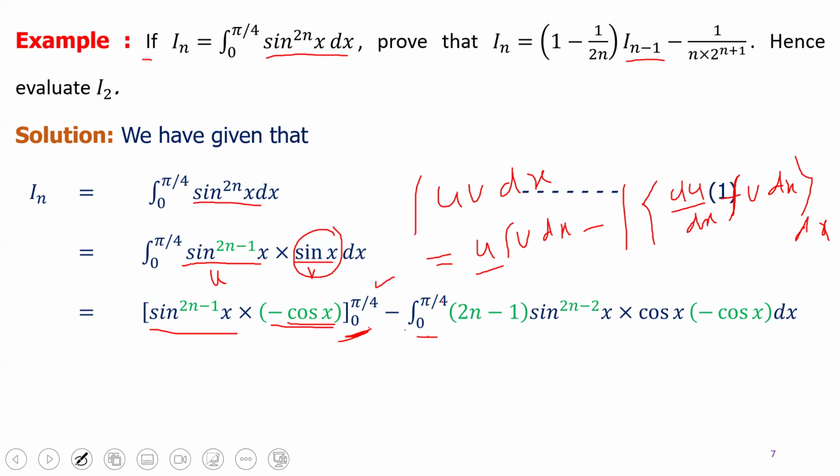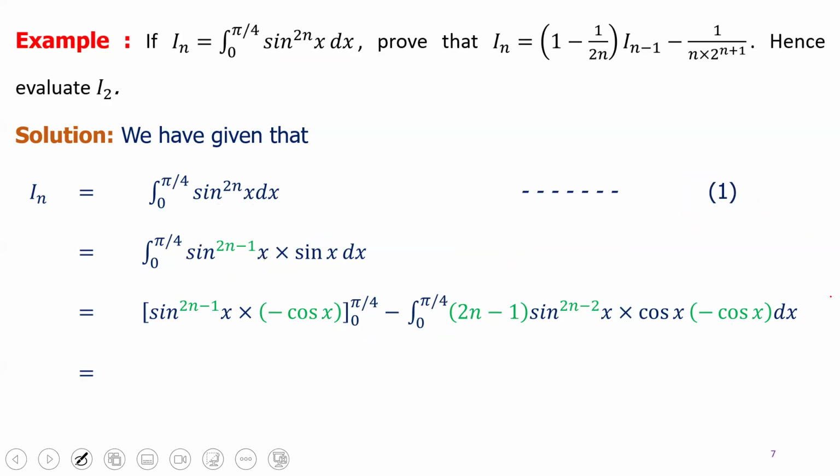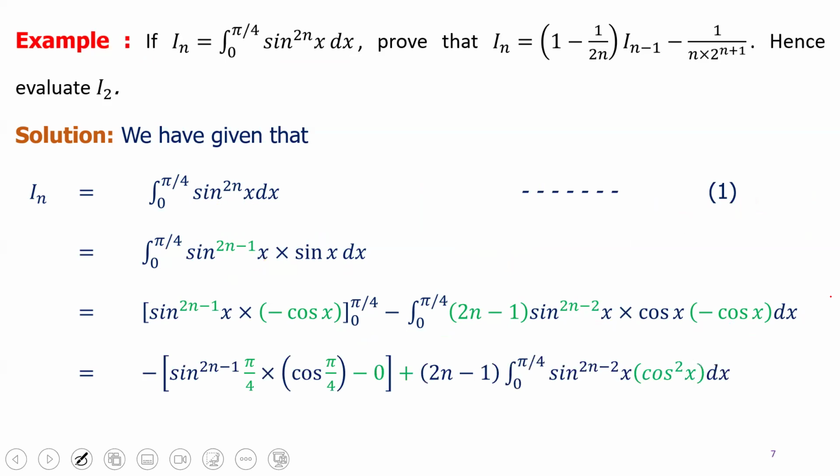If we substitute the limit 0 to pi by 4, minus the integration under the limit 0 to pi by 4, we have to find the derivative of u. So u is equal to sin^(2n-1)x. Derivative of x^n is n x^(n-1). Again, derivative of sin x is cos x, and integration of sin x is minus cos x dx. If we simplify it and put the upper limit, x is replaced by pi by 4 in sin^(2n-1)x, and there is a minus sign we have taken outside, times cos pi by 4.